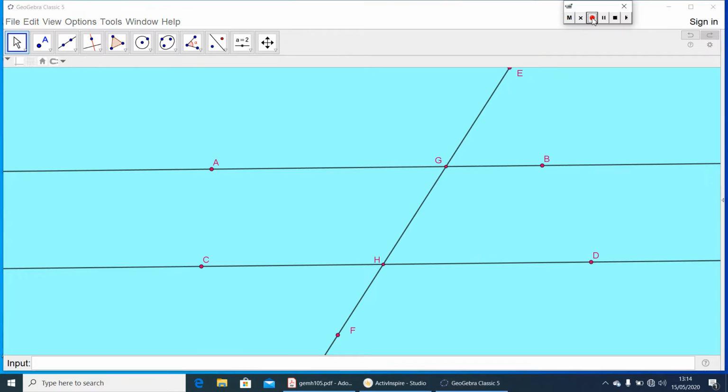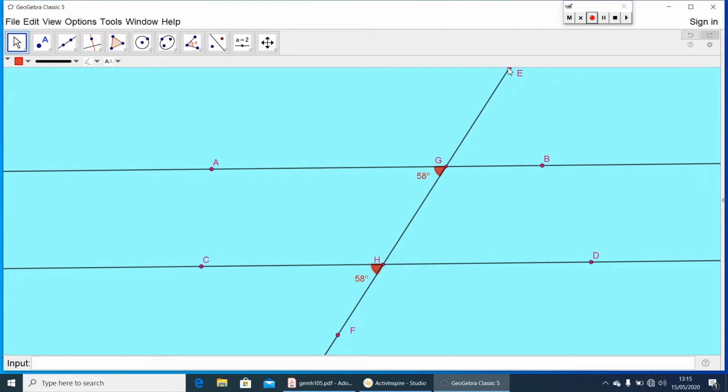Let me check another pair of corresponding angles. Here is another pair of corresponding angles. Now what's its value? Both are equal to 58 degrees. Measure of each corresponding angle is equal to 58 degrees. Now let me change its position.